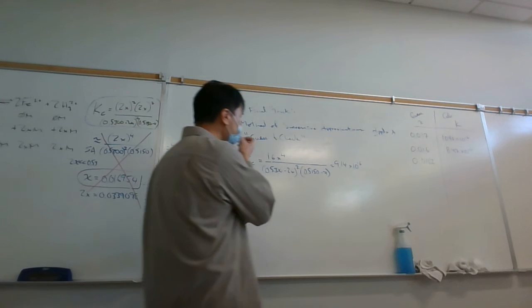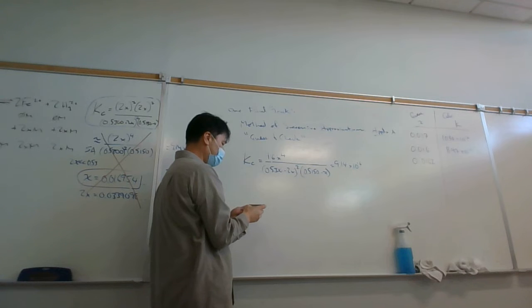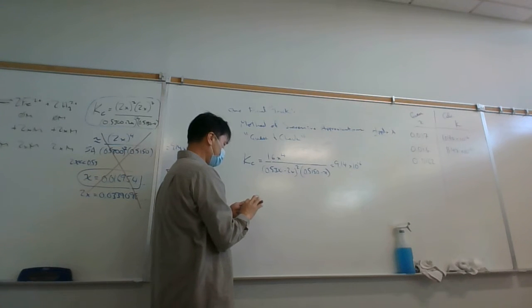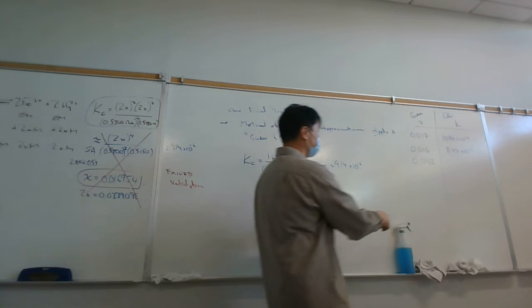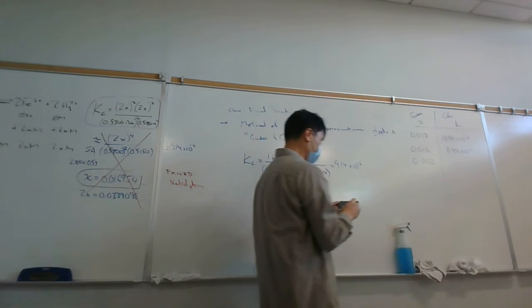So I'm going to go 0.0162 to the 4th, 0.0162 squared times 16 equals, divided by parentheses 0.53 minus, I'm going to try to do this in my head. This will be 0.0324.